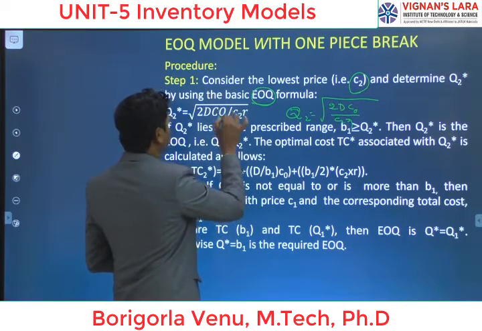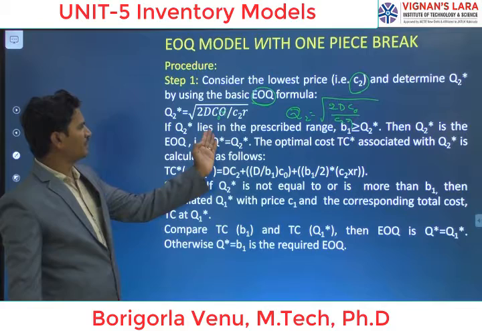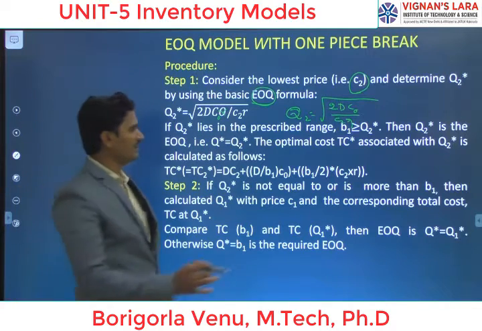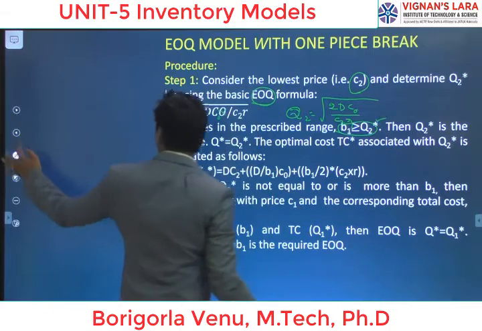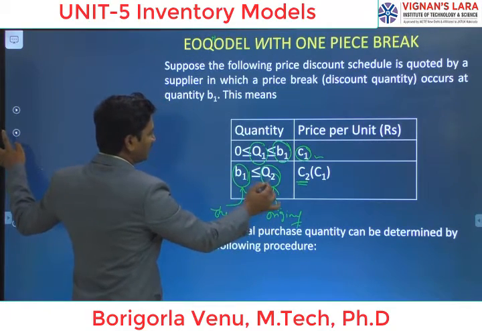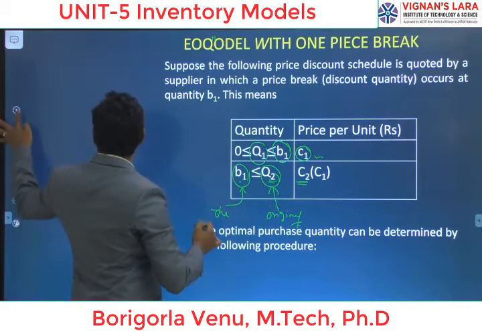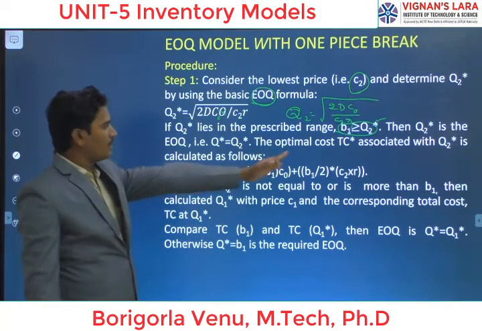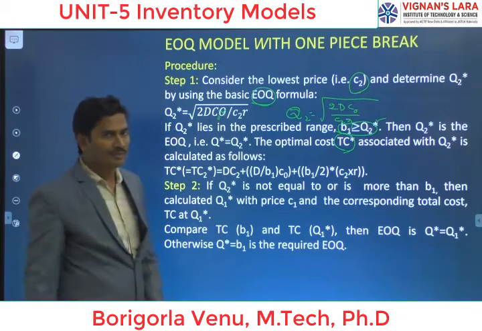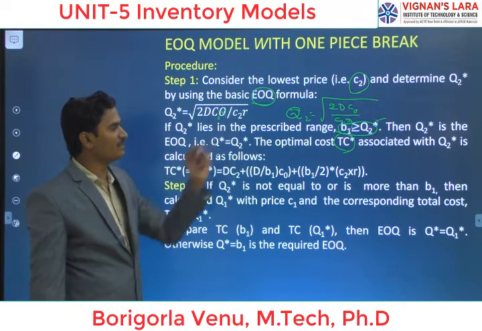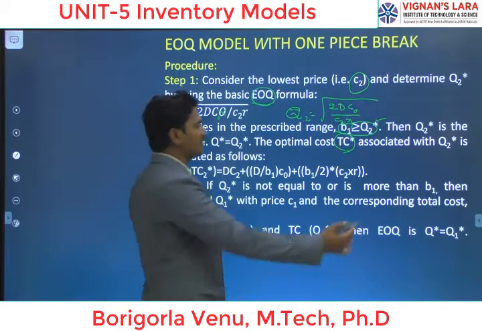Here Q2 lies in the prescribed range, that is B1 greater than or equal to Q2. We already saw this in the table. Here we see Q2 is less than or equal to B1, and the total optimal cost TC we denote as the TC associated with Q2.